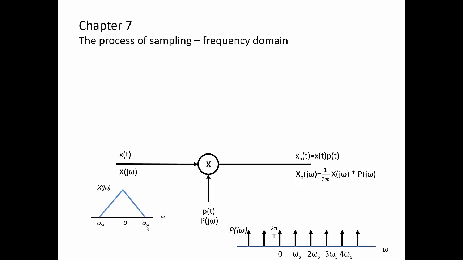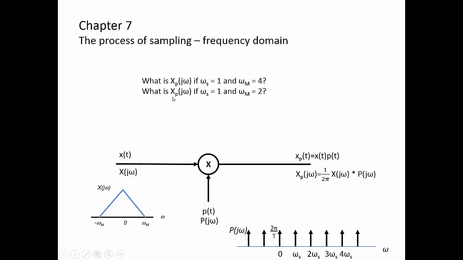Now I want to ask you some more questions. What would be our sampled spectrum if our impulse train had an omega s value of 1 and our time signal had a spectrum with omega m of 4? Please do these calculations on paper and bring them with you to your next class.